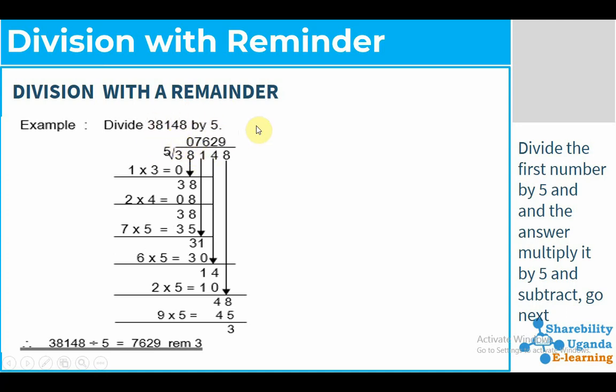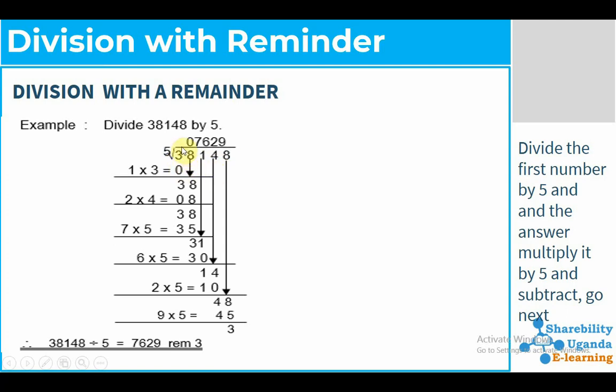Here they had come up with the answer, and I'm going to demonstrate how this answer came about. We have our number here, 38,184. As we've been dealing with division, you arrange the numbers in this way.